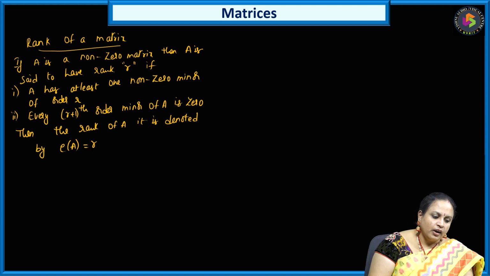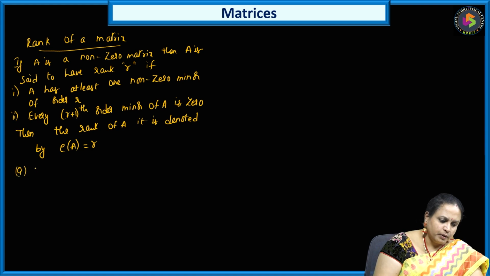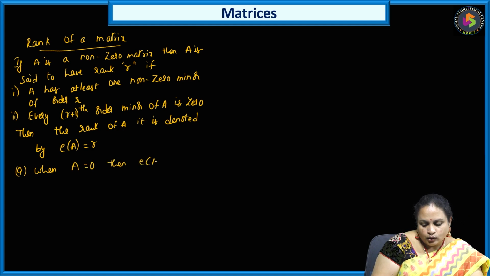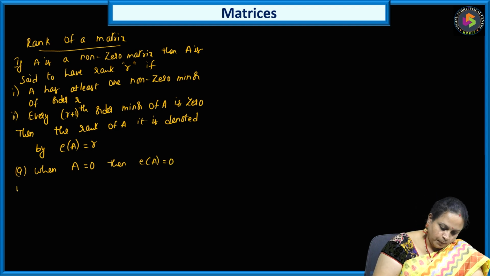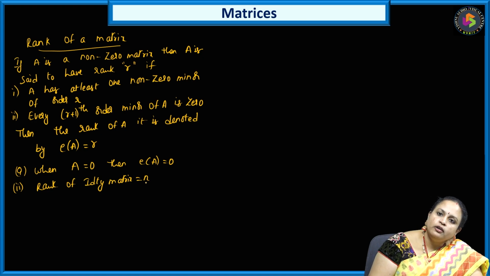Then we have a few properties. The first property: when A equals 0, that means a zero matrix, then rank of A is equal to 0. The second property: rank of the identity matrix is equal to n. That means whatever is the order of the identity matrix, that will become the rank of that particular identity matrix.